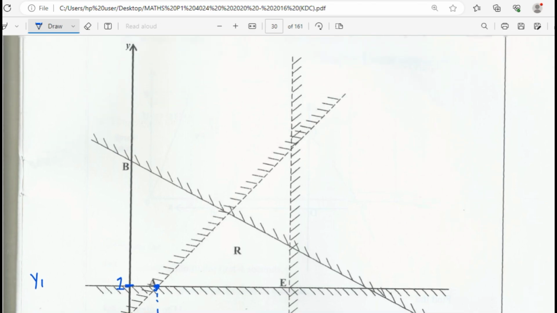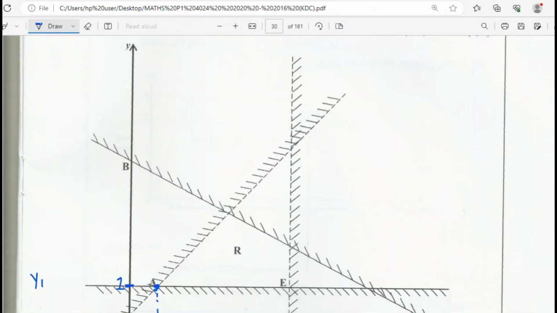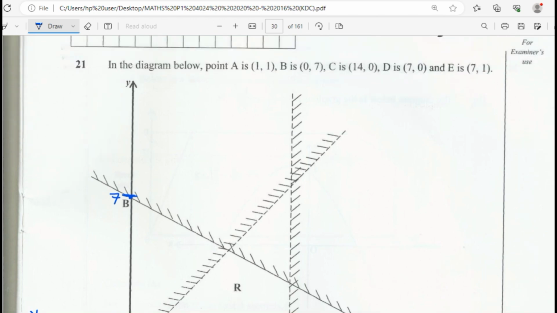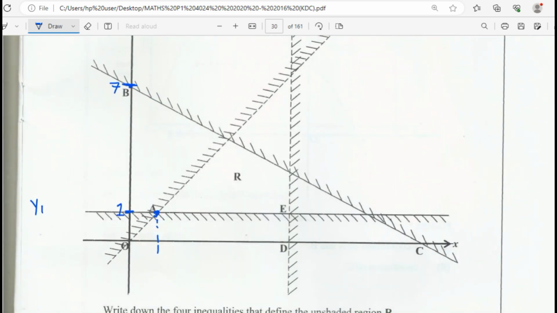Okay, let's go to the second point. B is 0,7. Whenever the x is 0, the y has a number, so it is located on the y-axis. So this is where the 0,7 is; at this point here we have 7. What else? C is 14,0. Since the y is 0, it is on the x-axis.